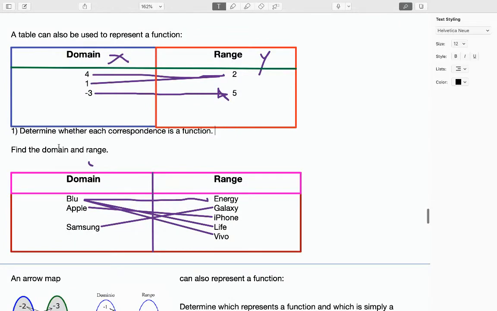Domain and range is written, I'll do A, so it's like the first one, by putting all the possible input values in increasing value. So it's -3, 1, and 4. And there's a range, .5, and for the next one, this is a bit disorderly, I'm sorry.